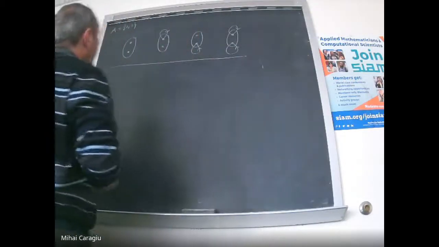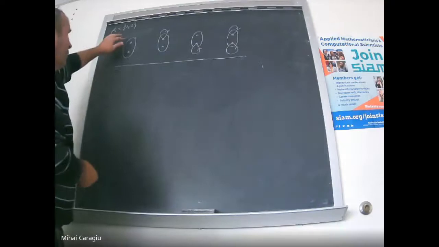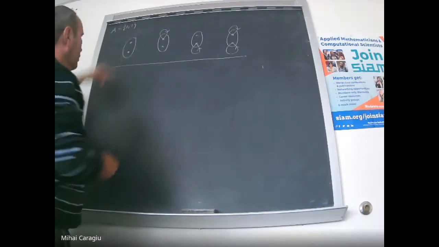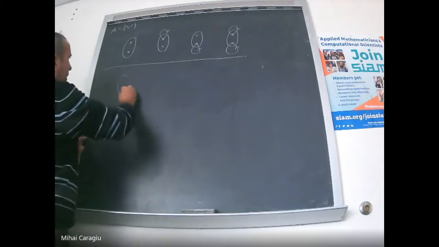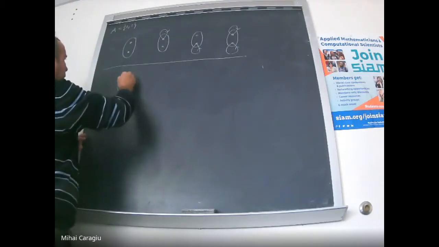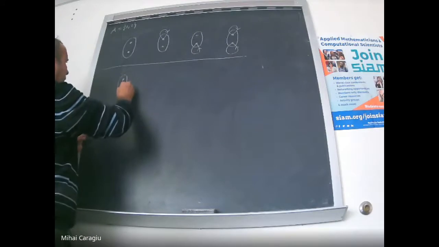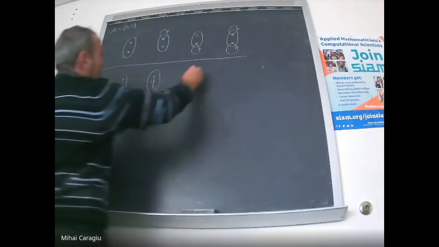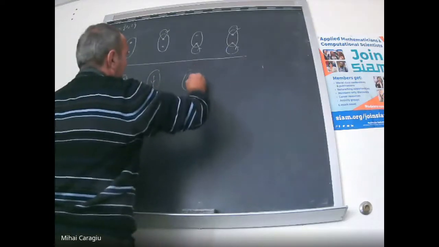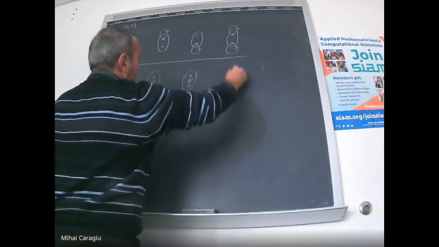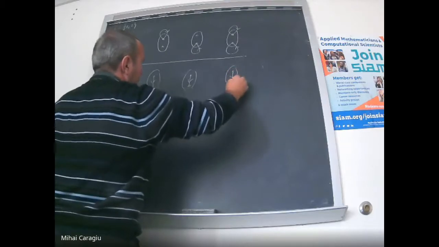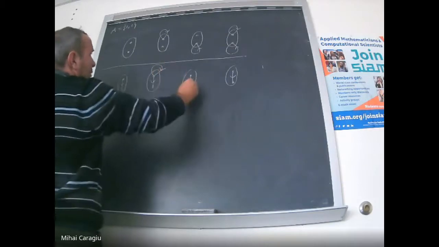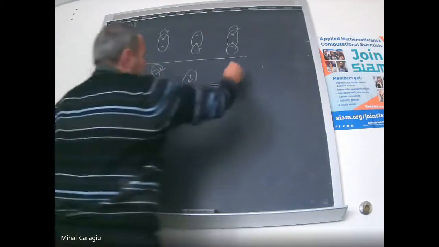Then, between the points 1 and 2, we put a one-way relation from 1 to 2. The situation of the loops remains the same. So 1 to 2, we have something like this, and the loops with the same structure: loop at 1 here, loop at 2 here, loops at both 1 and 2 here.